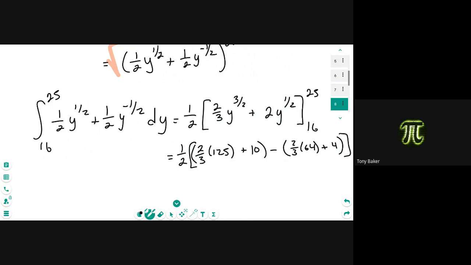You have access to calculators. It comes out to be 70/3.